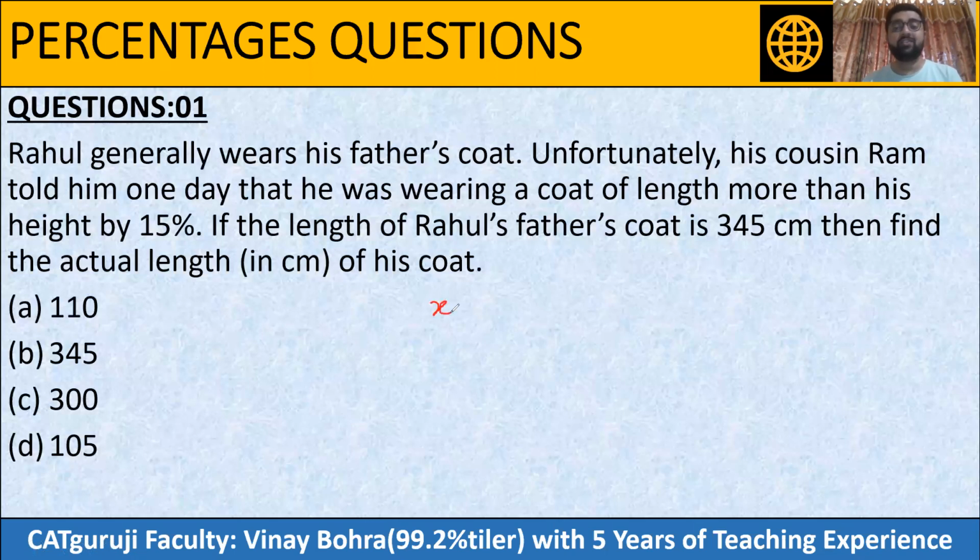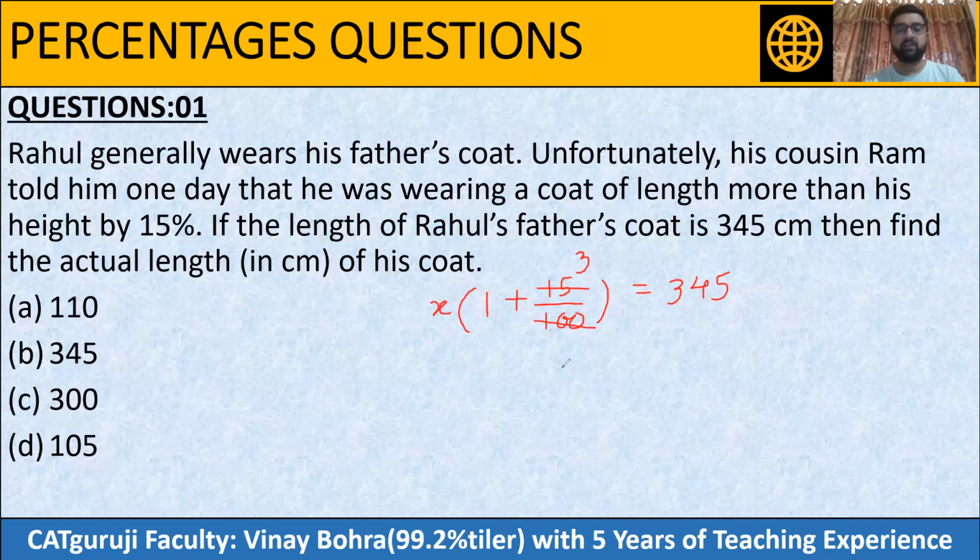He is wearing a length of 345, which is 15% more than X. So I can directly multiply X times 1 plus 15 by 100, and that will give us 345. Now we'll simplify this, we'll convert into a fraction.